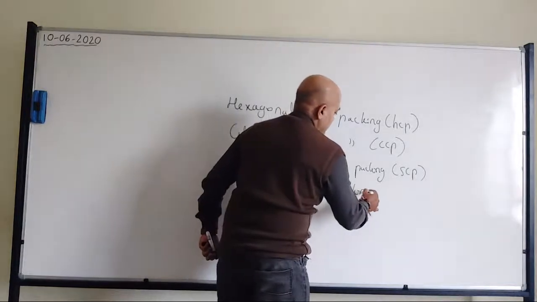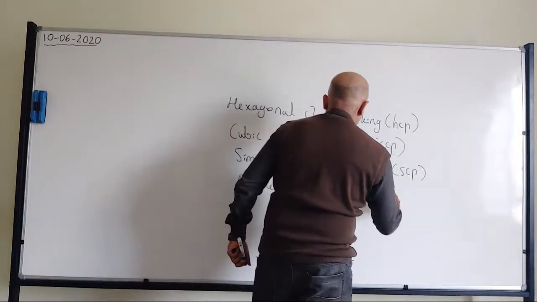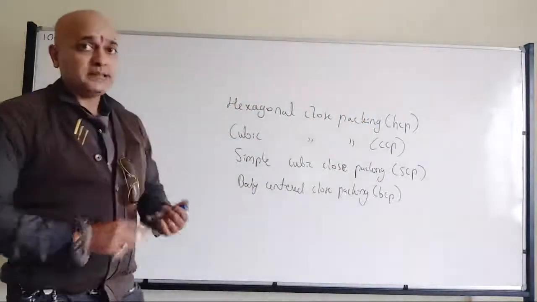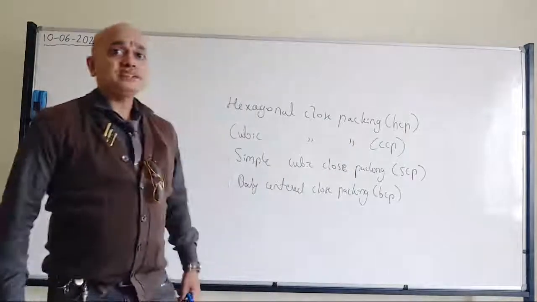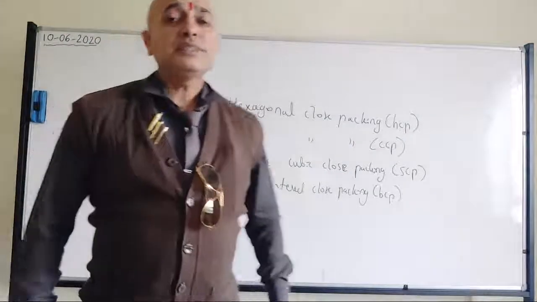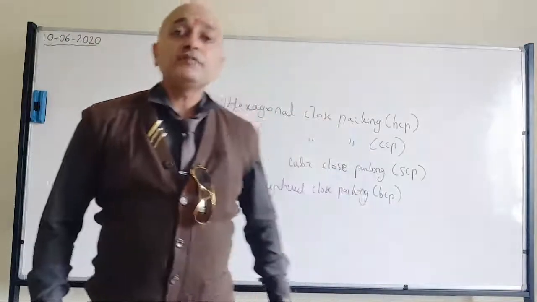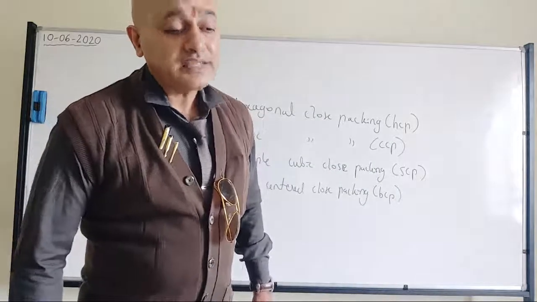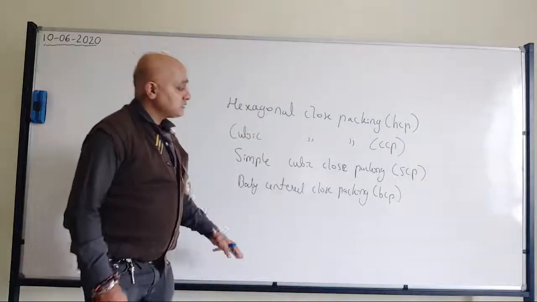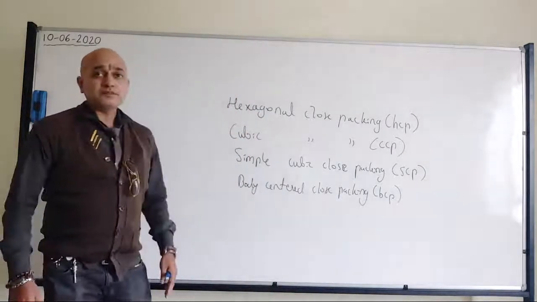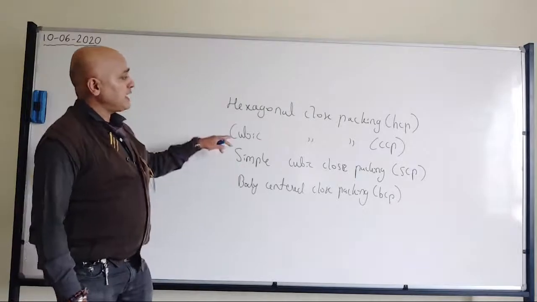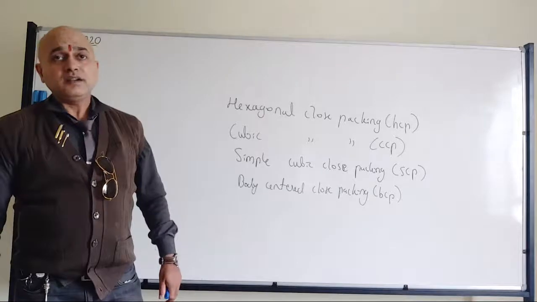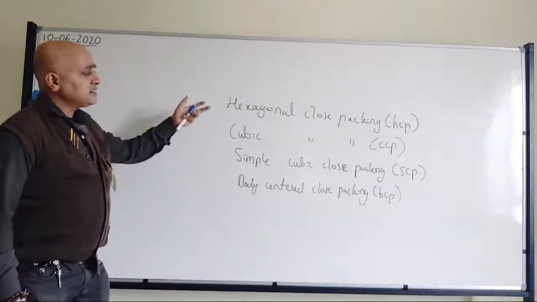So we can have majorly 4 types: HCP, CCP, SCP, BCP. That's where we have the different terms. So body centered packing, simple cubic packing, cubic close packing, and hexagonal close packing. That's where we have the different types.